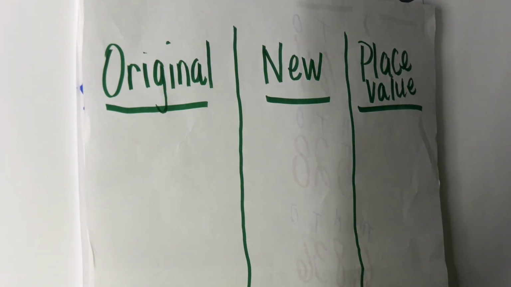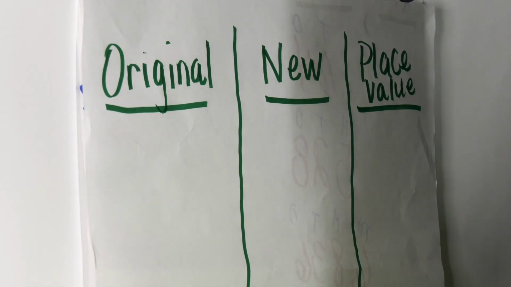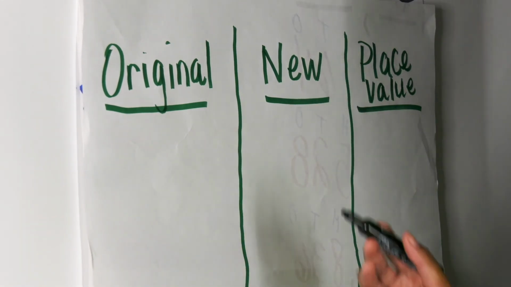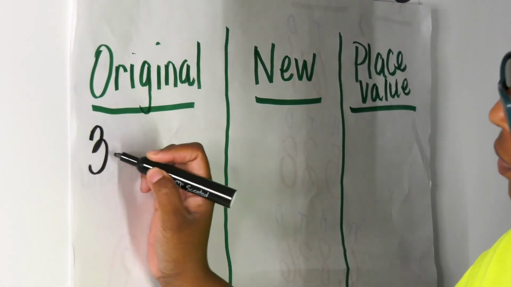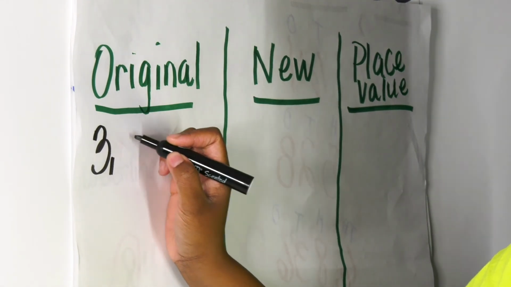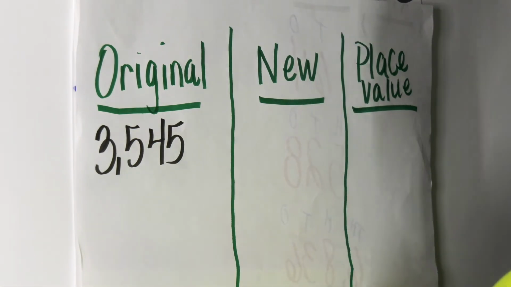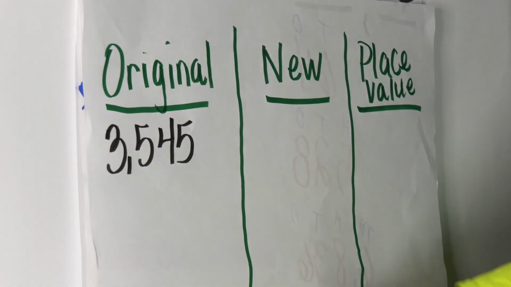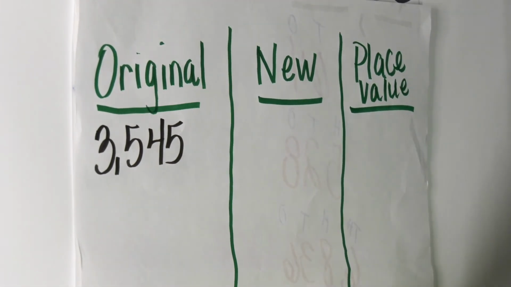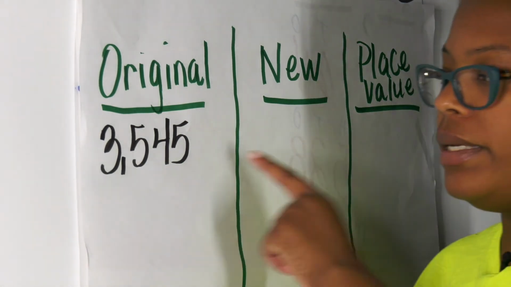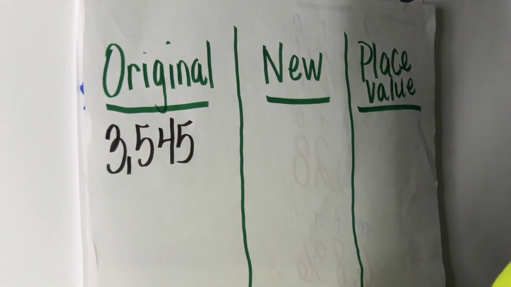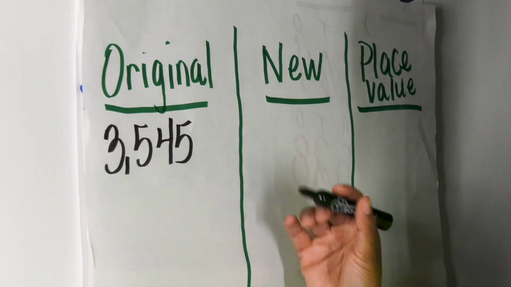So our first digit, and we're going to practice it, use our space below to practice. Our first number, our original number is 3,545. That is our original number. When this number is rounded to what place value, that's what we're going to figure out.